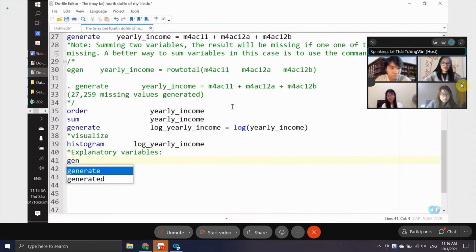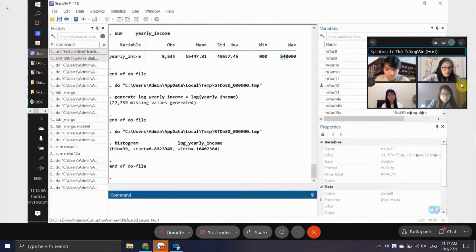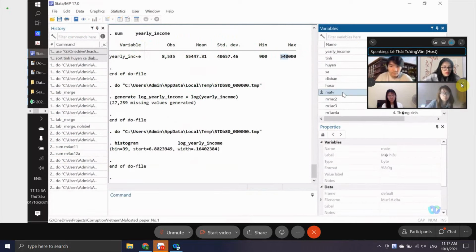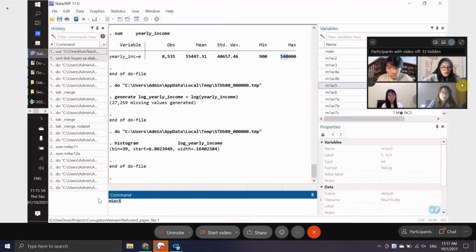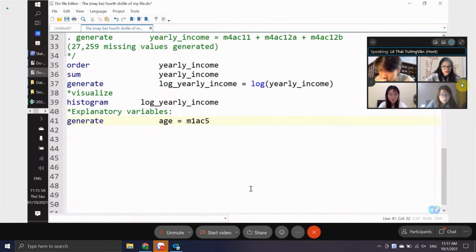Generate age is equal to what is it? You go to the data, you see this is age. Age is question 5A. Right? Question 5. So age is equal to this one.